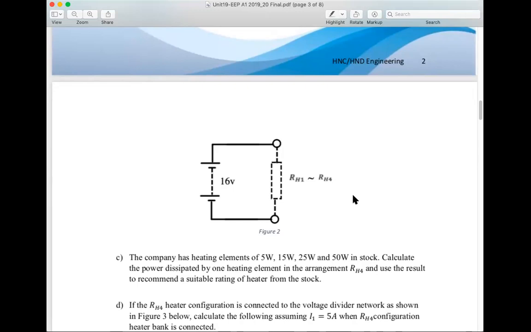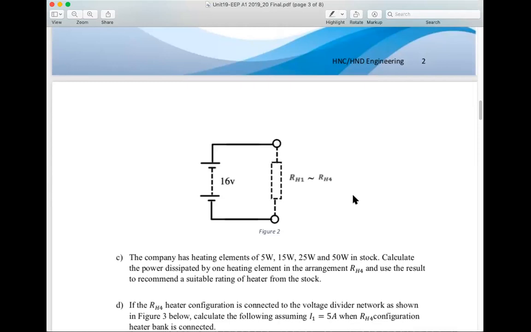So I worked out the power of the whole circuit for the C, right? Yeah, so you've got the power dissipated. Yeah, you need to calculate the power dissipated for 1 heating element. So that's 1 resistor. Yes. Okay. All right.